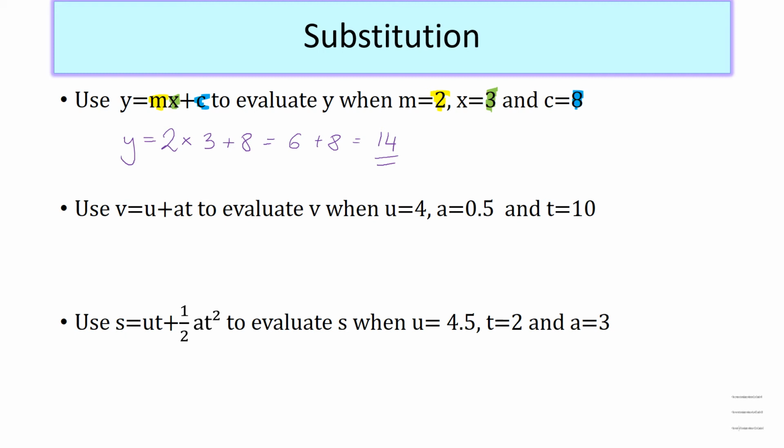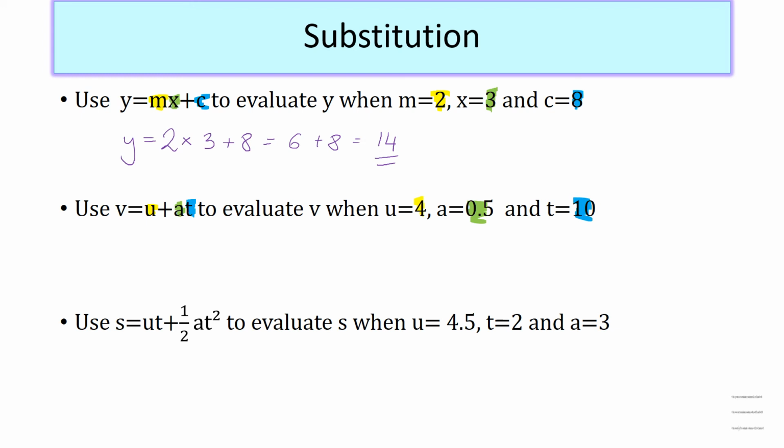The next two examples are kinematics formulae. You may come across those in physics, but also in maths. So we've got the value of u, that is 4, the value of a, which is a half, and the value of t, which is 10.